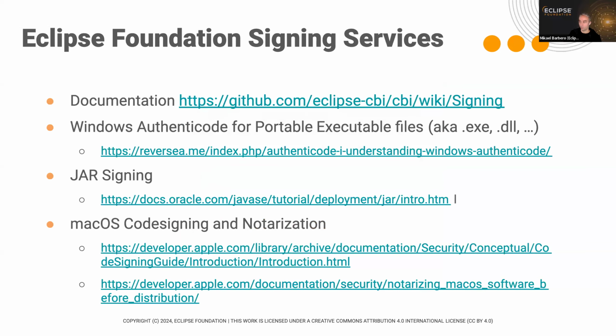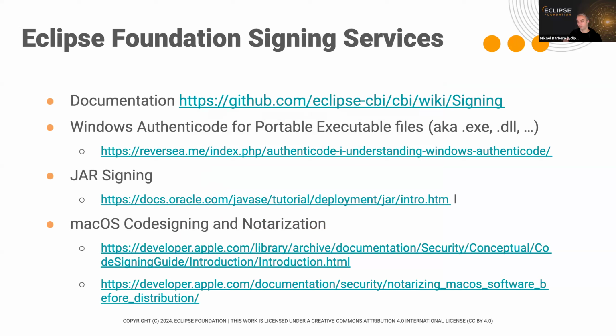And what we provide in terms of code signing service is basically split into three parts. One for Windows with what Microsoft calls Authenticode for portable executables, so the .exe or .dll. The jar signing service, so to sign your jars. Again, it's the same certificate as for Windows that is used.